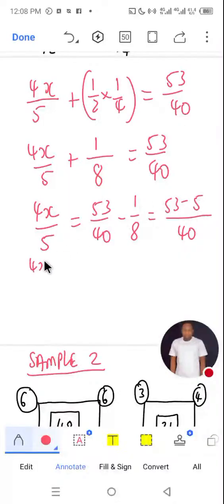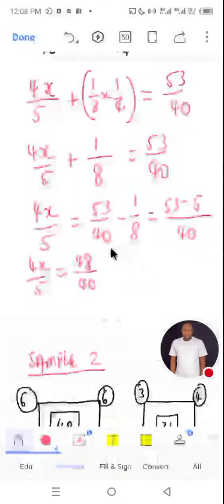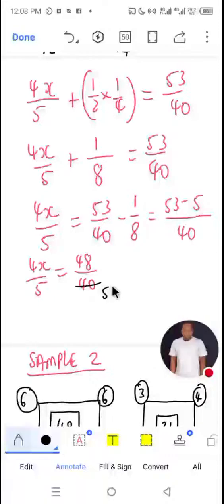So 4x over 5 is equal to 53 minus 5, which is 48, so 48 over 40. Let me simplify this. 8 into 48 is 6, and 8 into 40 is 5. So I have 4x over 5 is equal to 6 over 5.